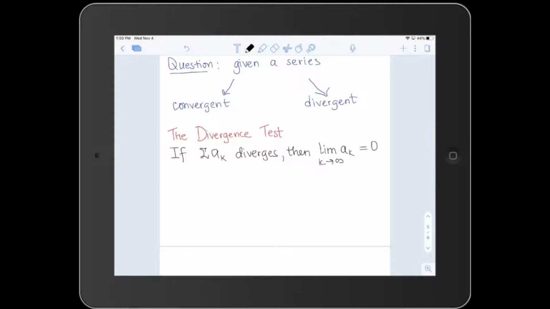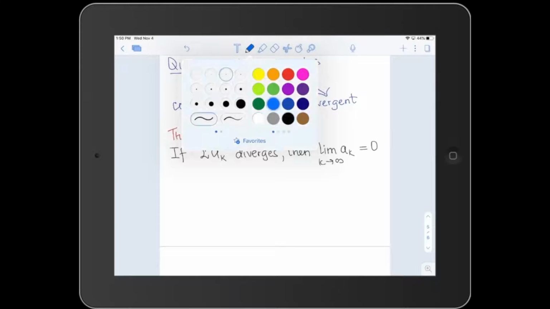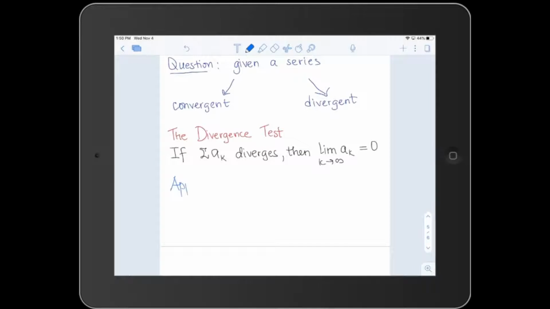How do we actually apply it? And that's the theorem, right? So what's the application? How do we apply this test correctly? We apply the following. If the limit of a_k is not 0, then the series diverges.